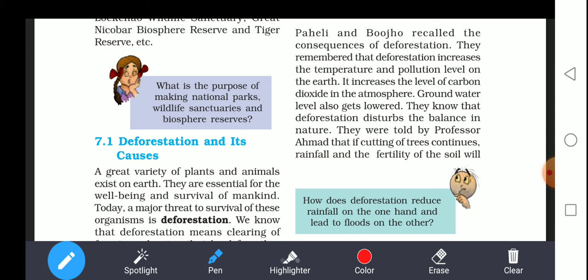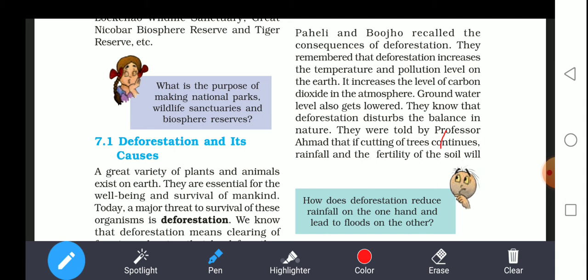If there is an increase in temperature, it will also affect the water cycle. This heat is trapped in the atmosphere, and the increased temperature will disturb the water cycle.